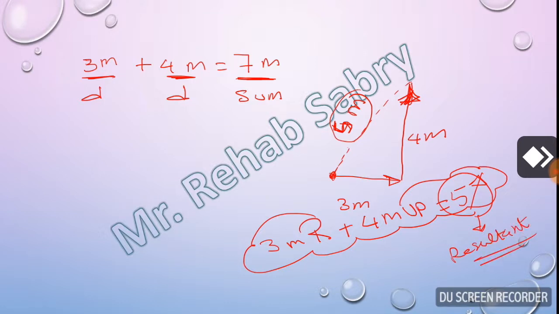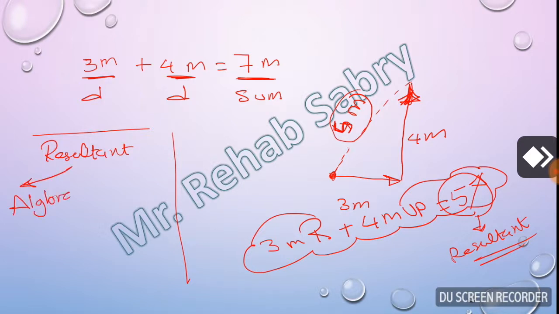So the idea now is how to find the resultant. To find the resultant, we have two methods. We may use the calculations of algebra, but this is not included in our quarter. It will be included, inshallah, next quarter.